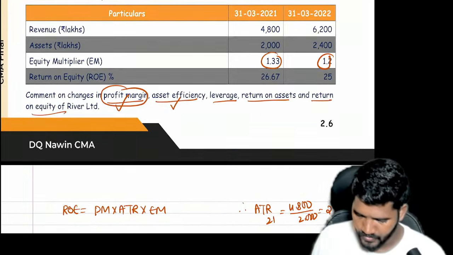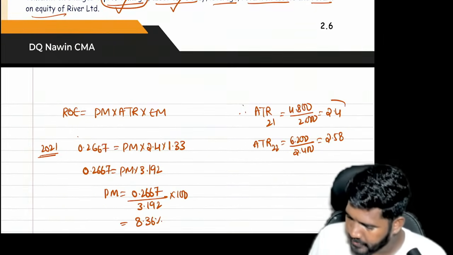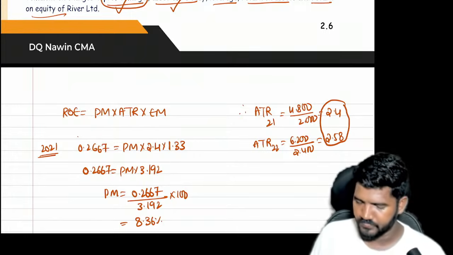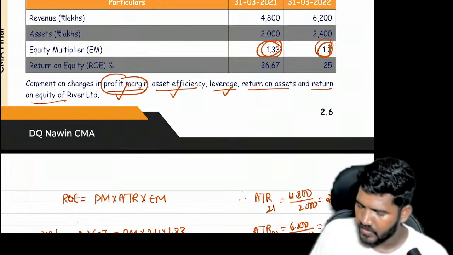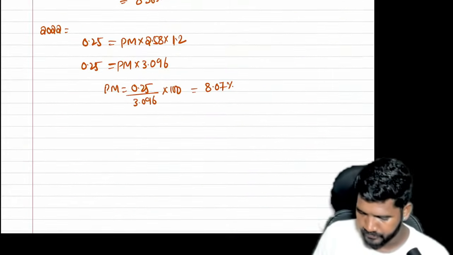Asset efficiency. Asset efficiency we can say with help of this. Leverage we can say with help of this too. Return on assets we have to figure out now.